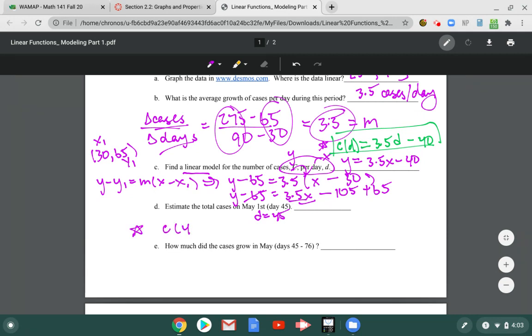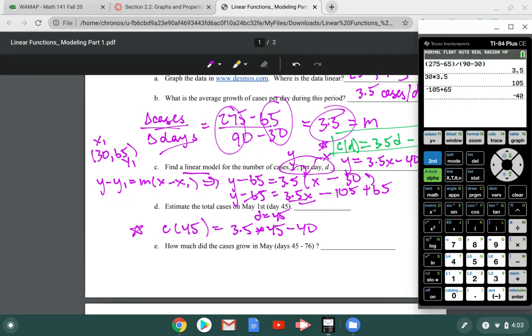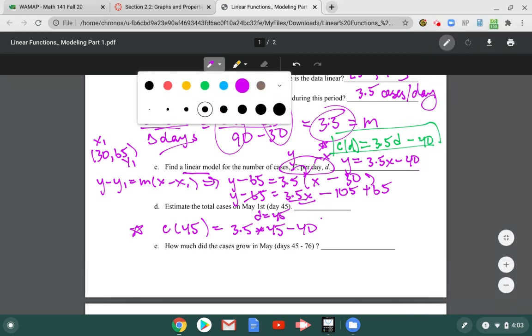C of 45 is equal to 3.5 times 45 minus 40. Let's grab the calculator. 3.5 times 45 minus 40. And we get 108.5. So I'm going to write this in green also.